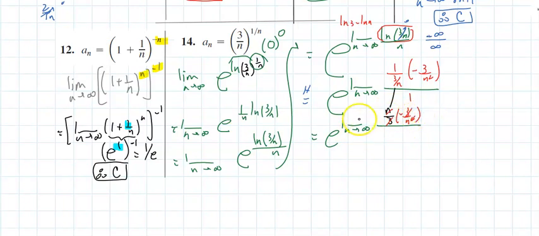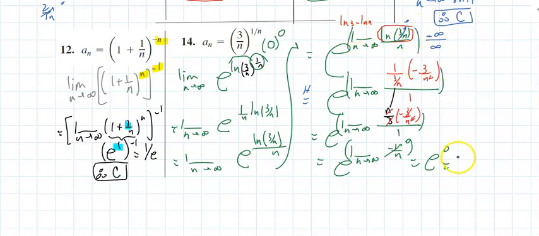So I'm looking at a power of negative 1 over n. Wouldn't that approach 0? And e to the 0 is 1. Therefore, converge. Again, if this was a series, that would have diverged. Just saying.